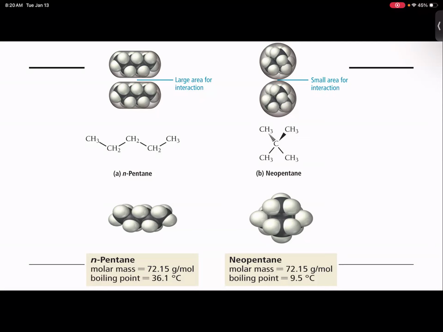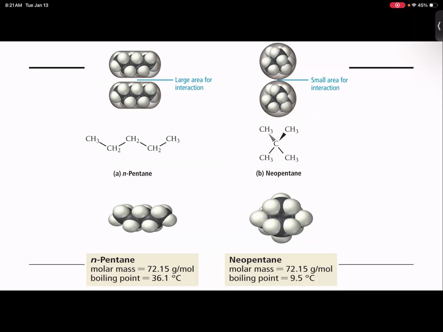Because if we put 2 n-pentanes together, there is a lot of opportunity for dispersion forces to occur, because it's this long, flat, pill-shaped molecule. But neopentane has a very small area where those intermolecular forces can occur, because it is round in shape rather than pill-shaped.